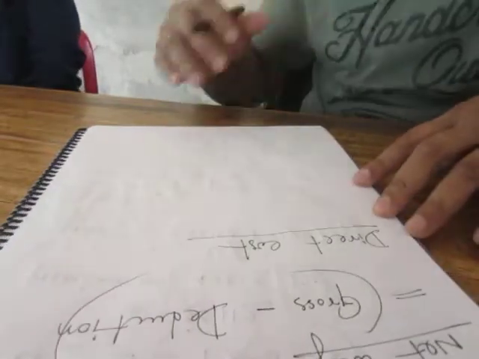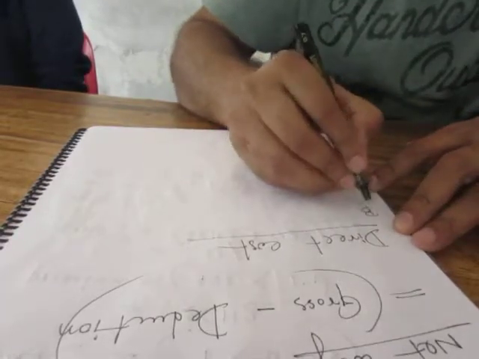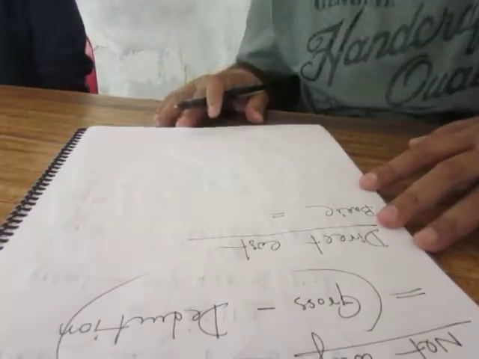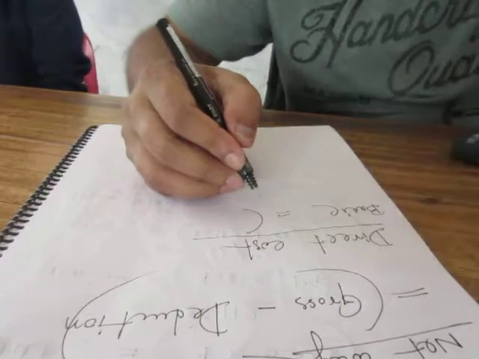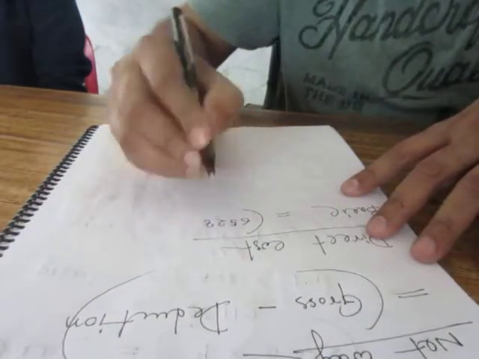First of all, within direct cost, how much basic will be related? Total activated hours is 6528.